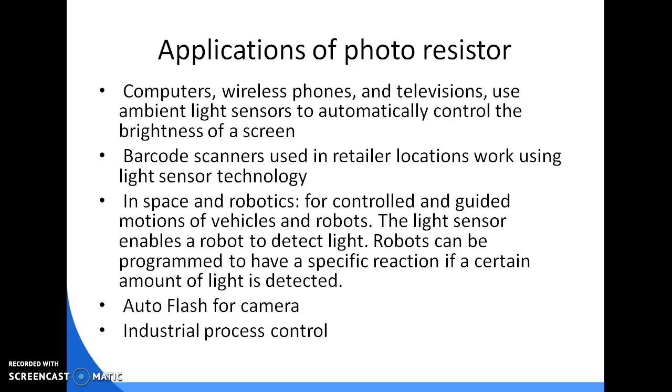Computers, wireless phones, and televisions use the light sensor to automatically control the brightness of a screen.